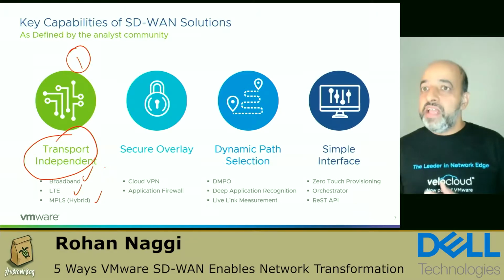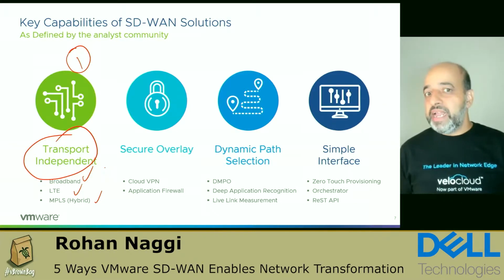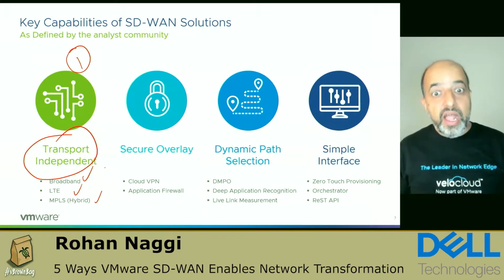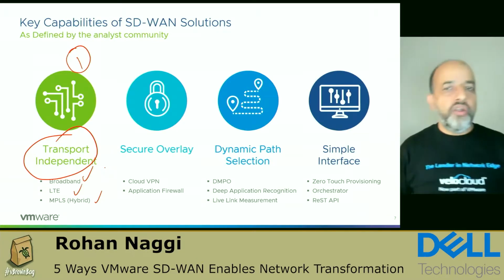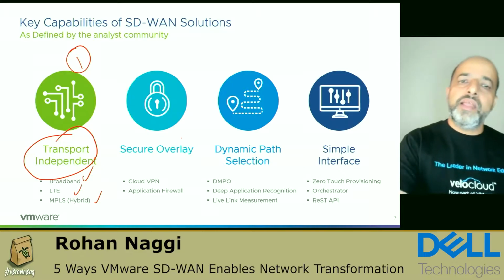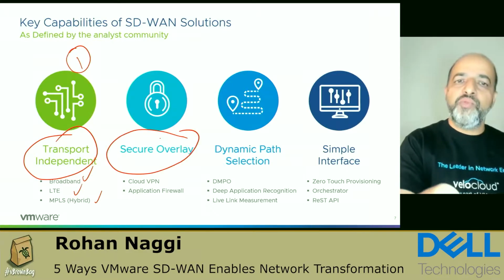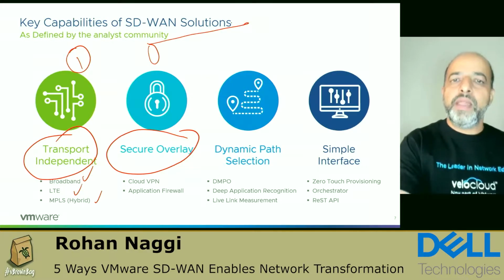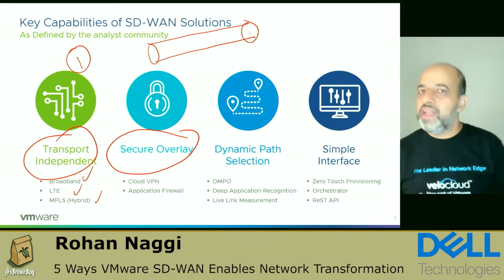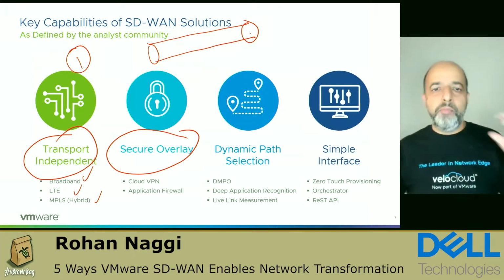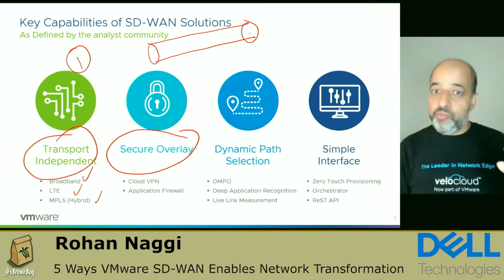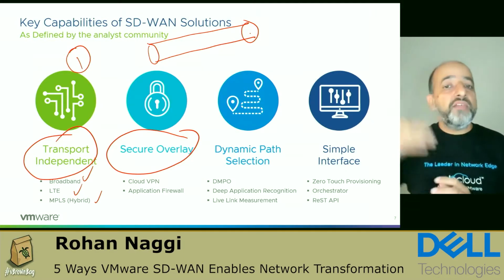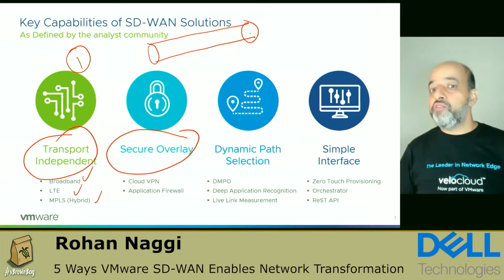The second key piece is, now that I can use the public internet, what about security? How do I access workloads in the data center or in the public cloud? So I need some kind of secure overlay, and that's where VMware SD-WAN will build a secure overlay tunnel from branch to hub, branch to data center where the hub is, branch to branch, dynamic branch to branch, or even when the traffic is going to the cloud.